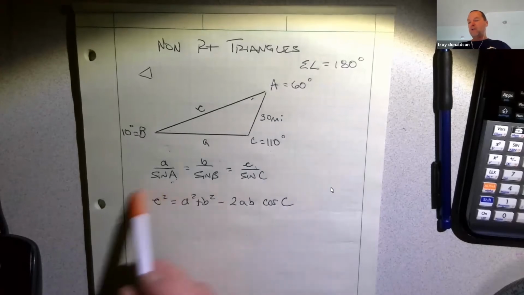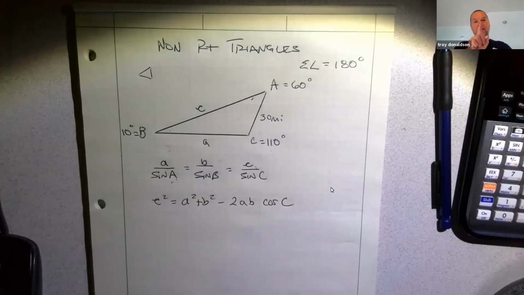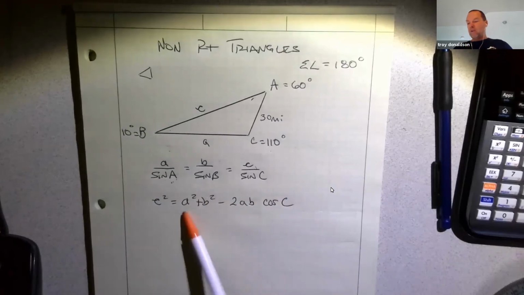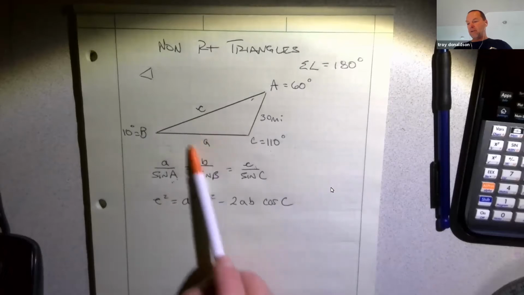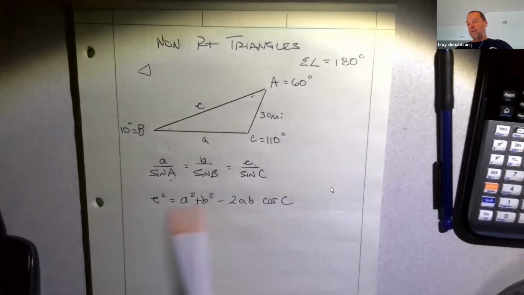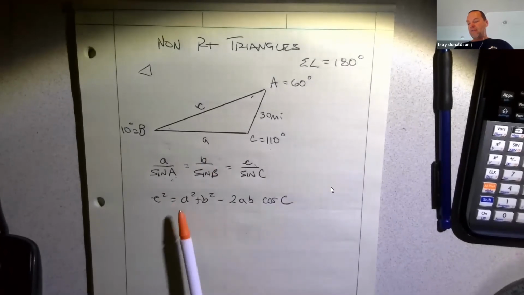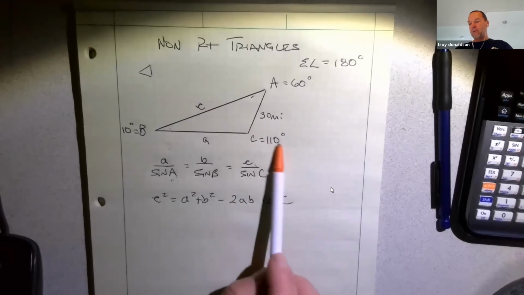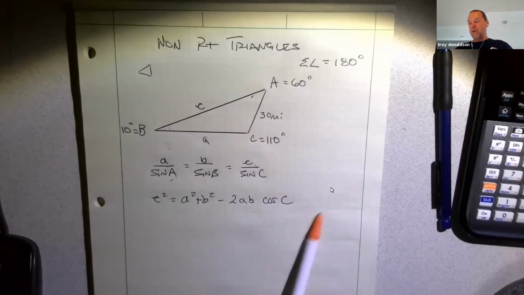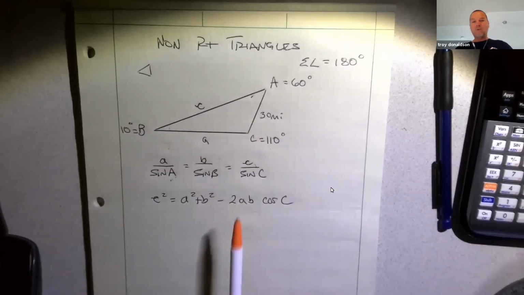But again, you have to know everything except for one thing. So I would have to know, to find C, I'd have to know A and B. Well, I don't know A. So this right away doesn't work. To find A, I'd have to know C, B, and big angle C. Well, I don't know C. I know big angle C, but not C. So in this case, this isn't going to work.